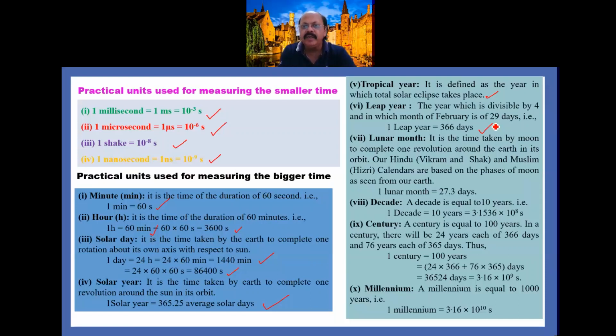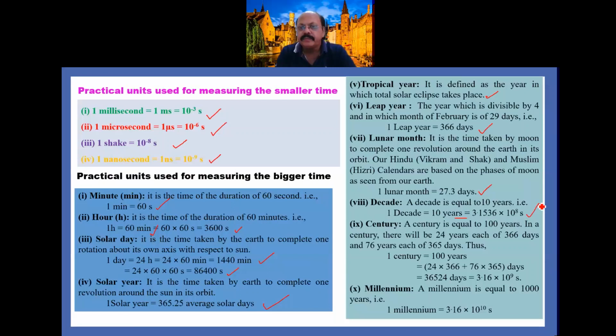So one lunar month equals 27.3 days. A decade is equal to 10 years, which is equal to 3.1536 into 10 to the power 8 seconds.